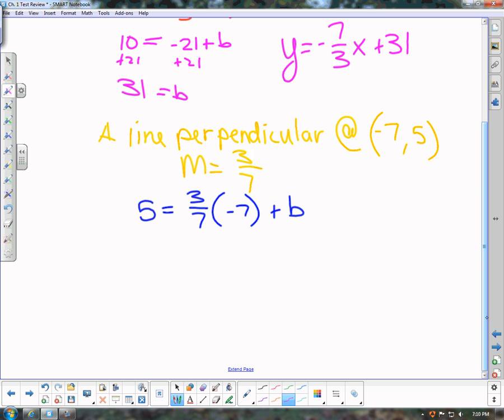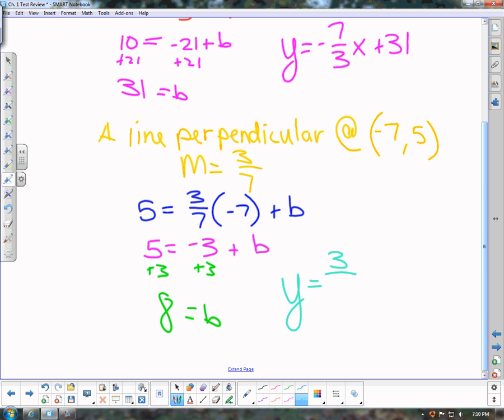And then distributing 3/7 times negative 7, we would have 5 equals negative 3 plus b. Adding 3, b is going to equal 8. And so our equation is y equals 3/7 x plus 8.